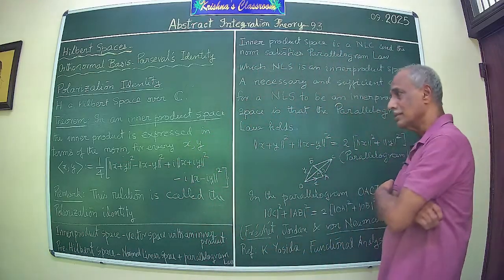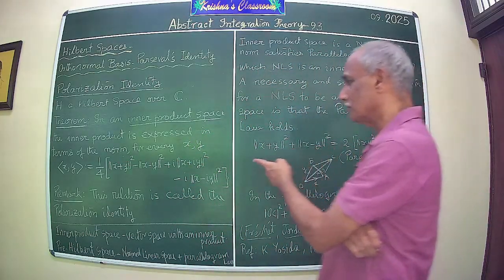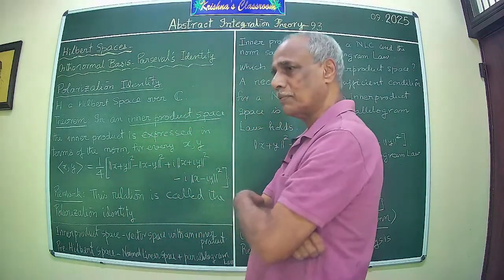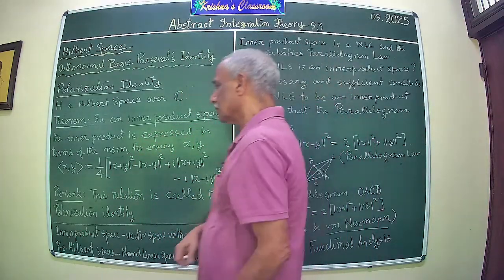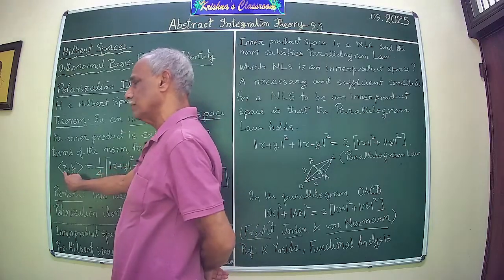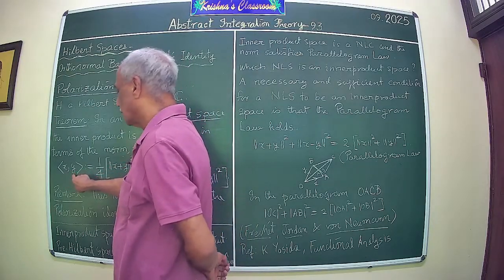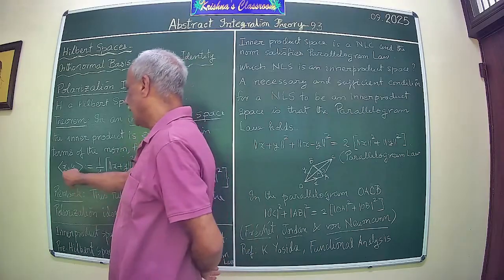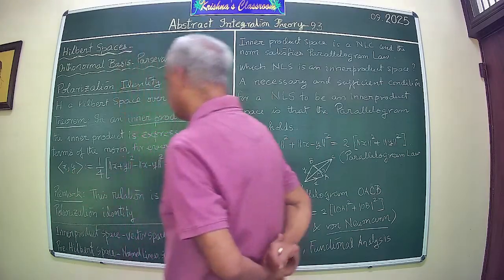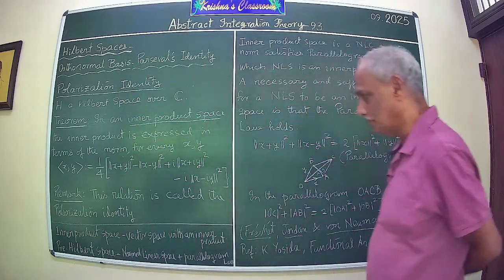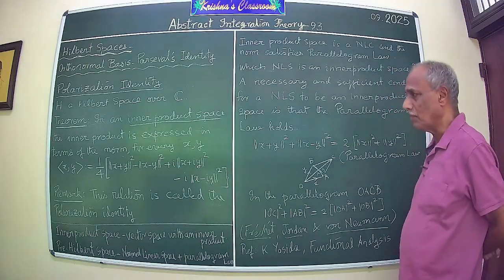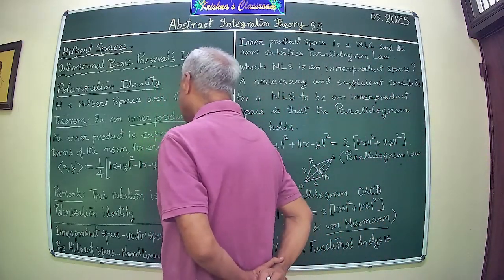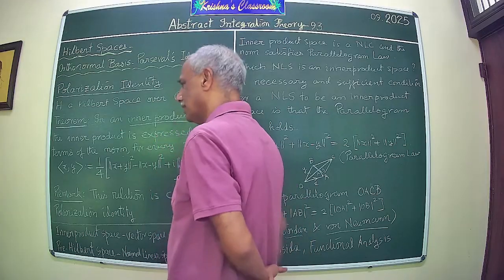It's not very easy to see that it satisfies all the properties of the inner product. And what are the properties of the inner product? It's linear in the first variable, conjugate linear in the second variable, the inner product of x with x is equal to norm of x square, which is possibly very easy to verify.